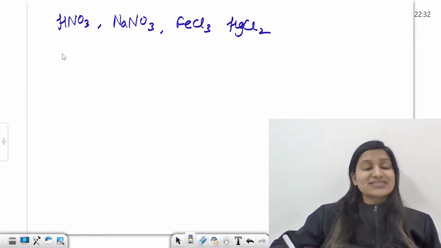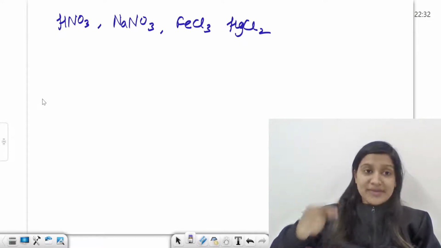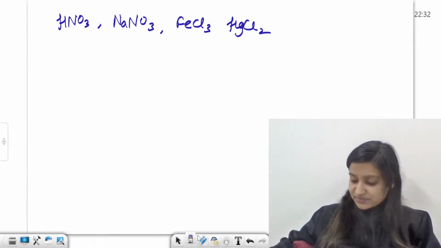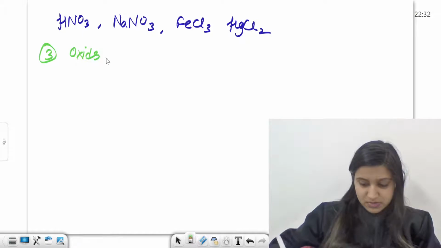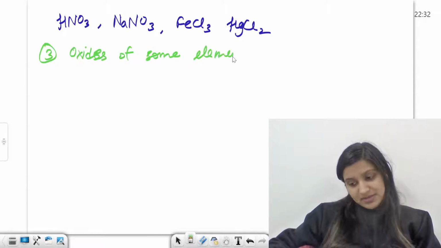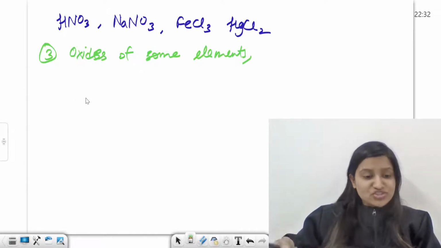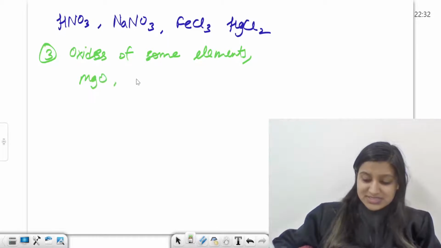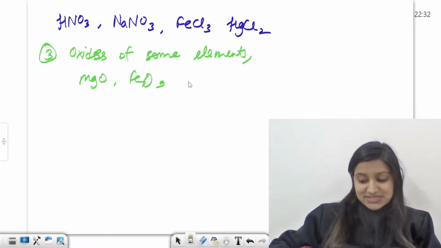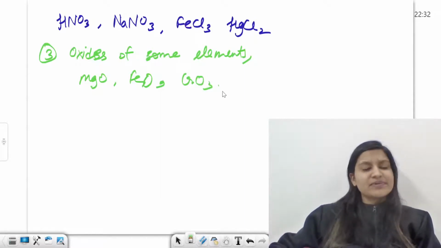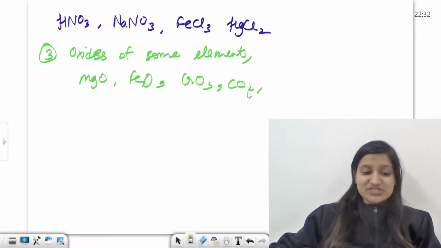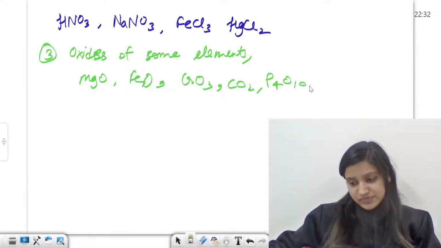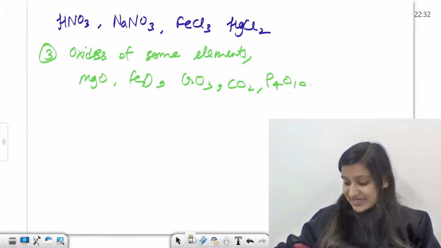Apart from it, oxides of some elements may also behave as oxidizing agents. For example, MgO, FeO, CrO3. These are some examples. CO2 may also behave as an oxidizing agent. P4O10 may also behave as an oxidizing agent.